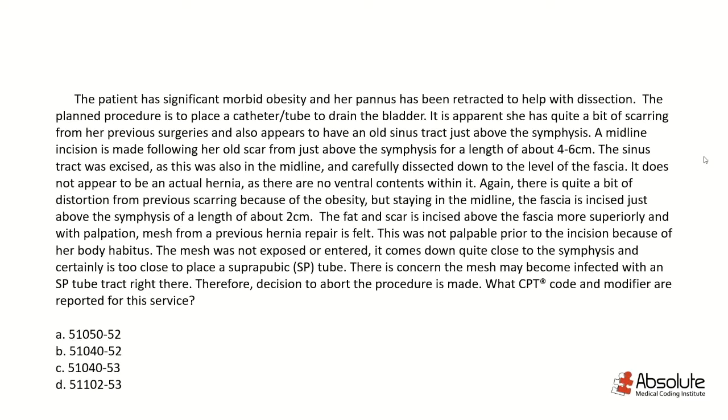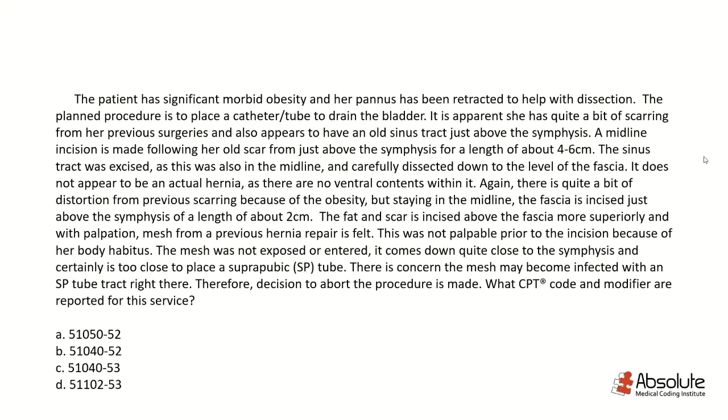Again, there is quite a bit of distortion from previous scarring because of the obesity, but staying in the midline, the fascia is incised just above the symphysis for a length of about 2 centimeters. The fat and scar is incised above the fascia more superiorly and with palpation, mesh from a previous hernia repair is felt. This was not palpable prior to the incision because of her body habitus.